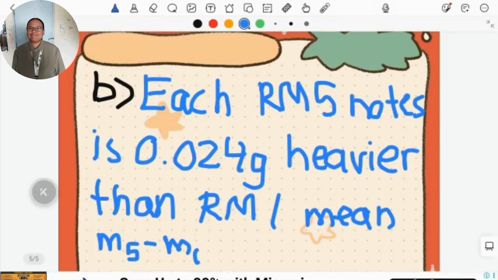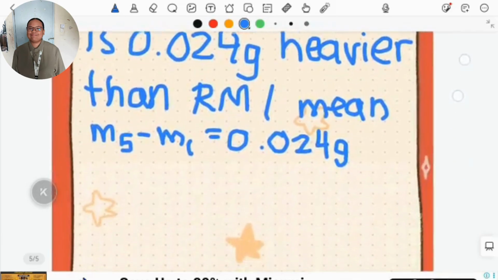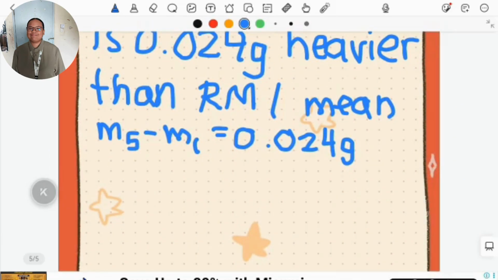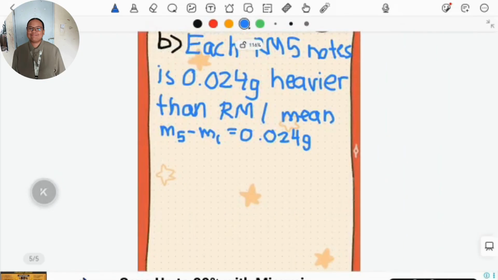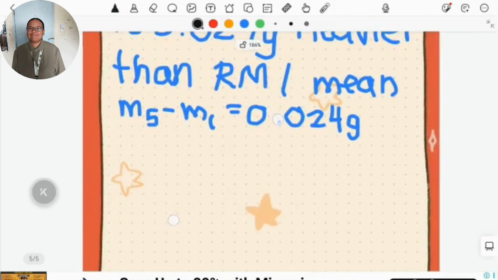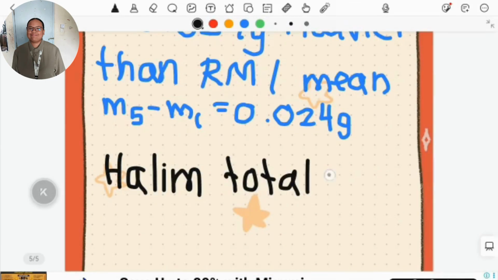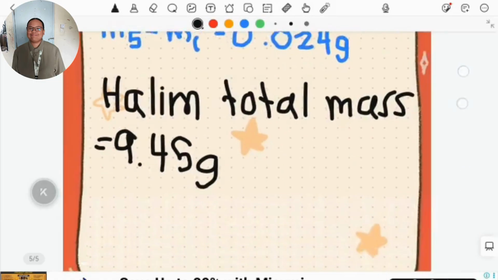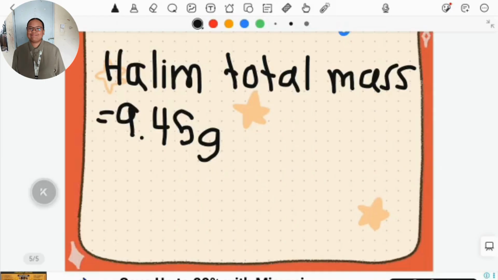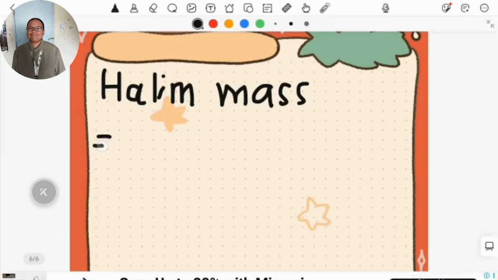Next, from the question, we know that each 5 ringgit note is 0.024 grams heavier than 1 ringgit notes, which means m5 minus m1 will equal to 0.024 grams. So, for Halim, total mass for his notes will be 9.45 grams.